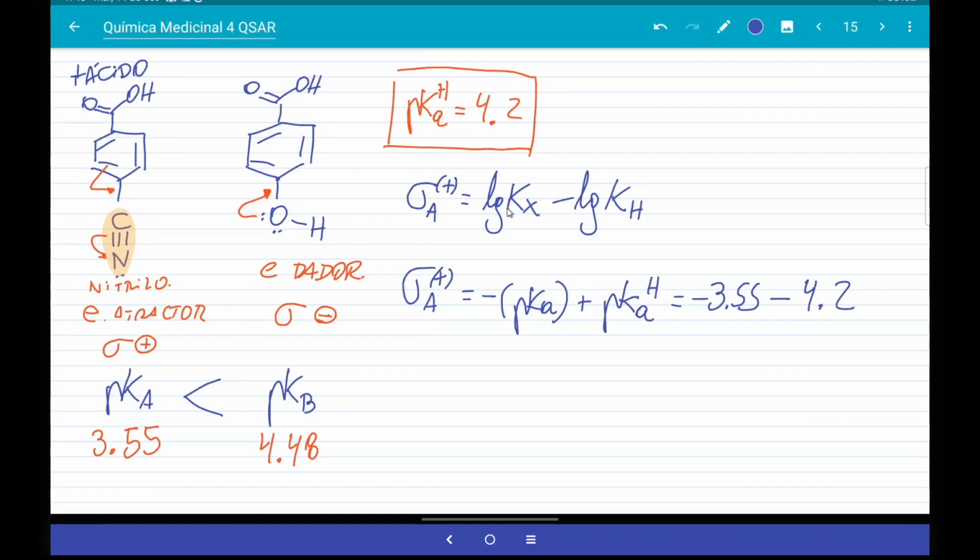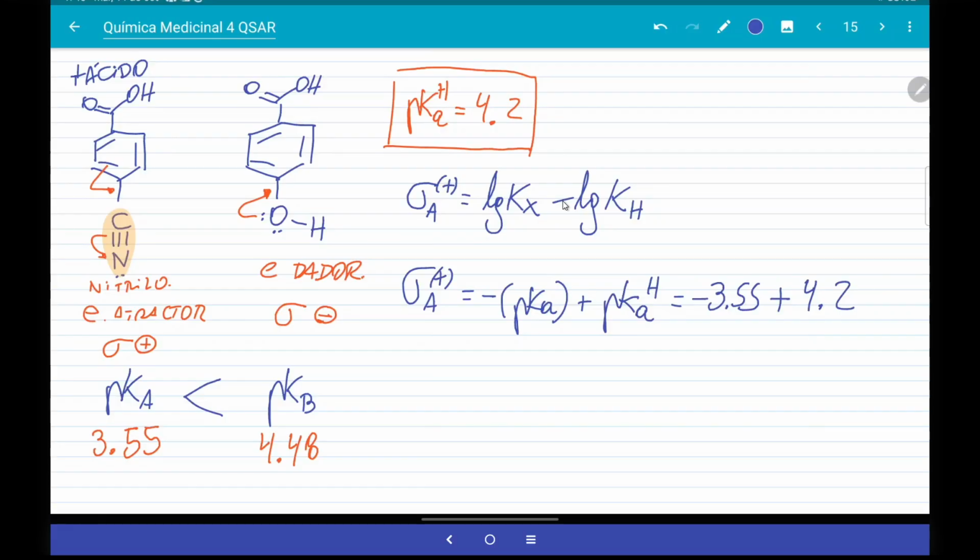Then it would be log kx when it is the substituent. If I have a pKa, it is a minus logarithm, then I have to apply the negative value, and 3.55 negative minus, that is, it would be plus the pKa of H. There is plus pKa, sorry. It would be plus 4.2. There was the error.